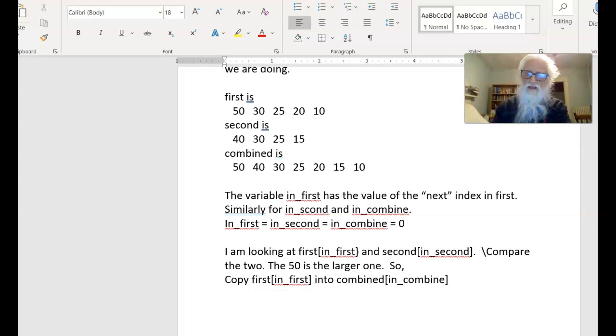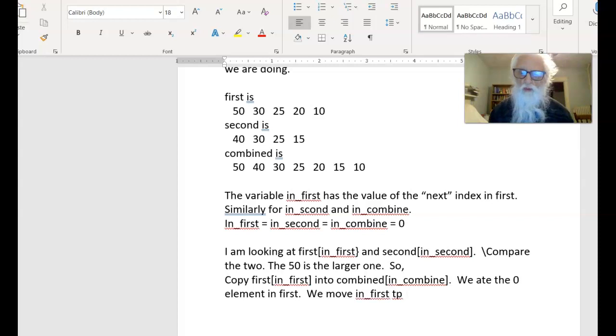Now, we have used up the first element in first. You might say we ate the first element in first, the 0 element in first. So we move in first to 1.